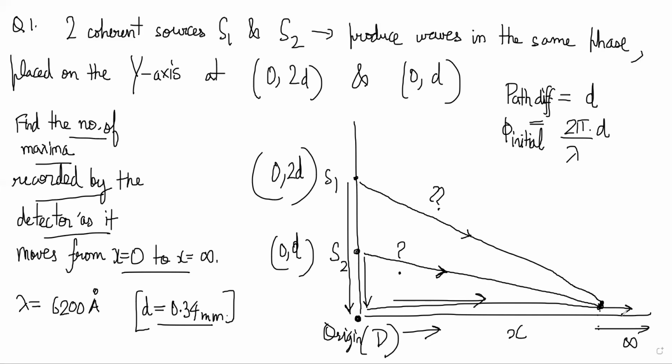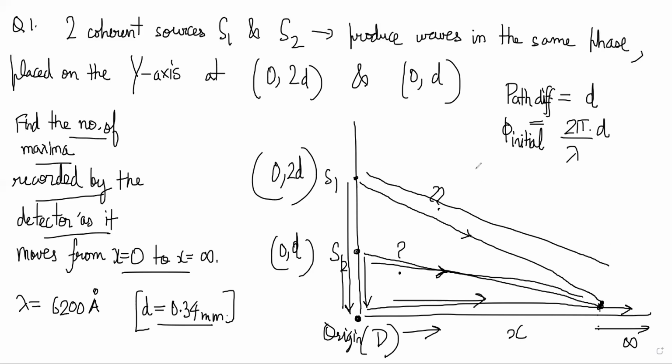In that case, what is an expression for the path difference? What is the path here? Root over x square plus d square. And here, what is this path? Root over x square plus 4d square.